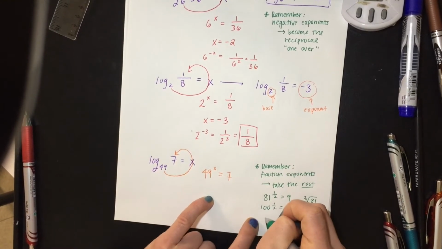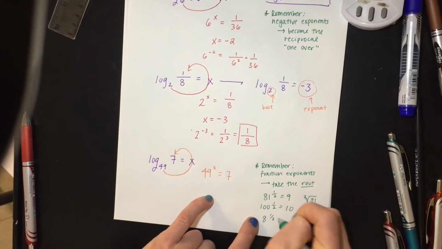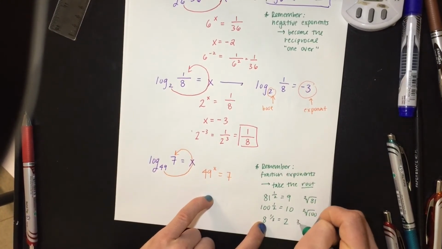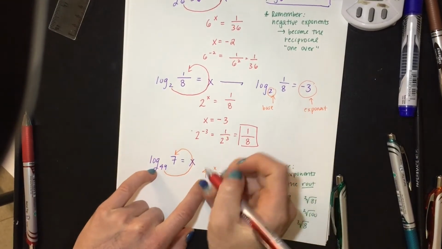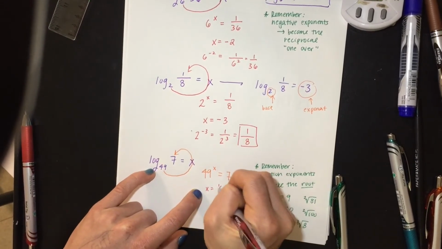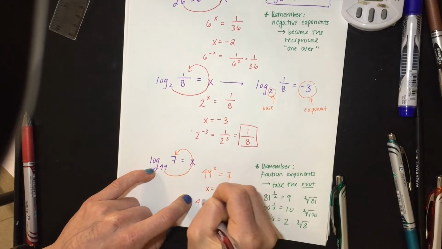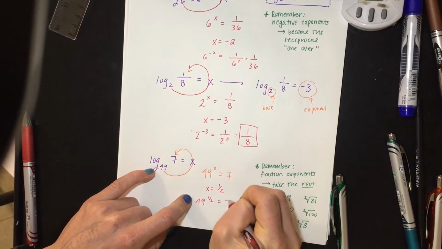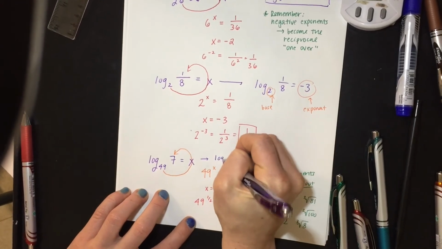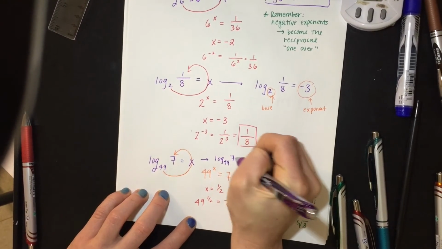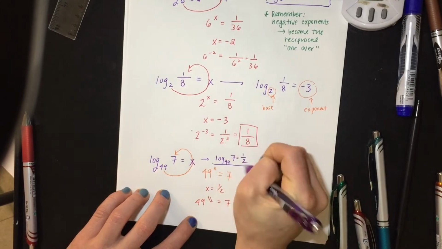What if I did 8 to the 1/3? That would be 2, because it's the cube root of 8. So in this case, it's the square root. So x is equal to 1/2 because 49 to the 1/2 equals 7. So this would really be log base 49 of 7 equals 1/2.